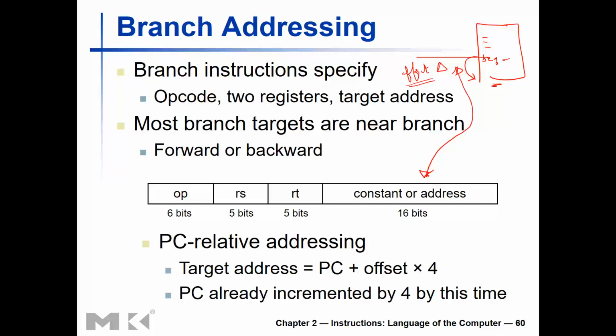So to compute the target address, we multiply the offset by 4, because the offset is in words, and then we add it to the PC.